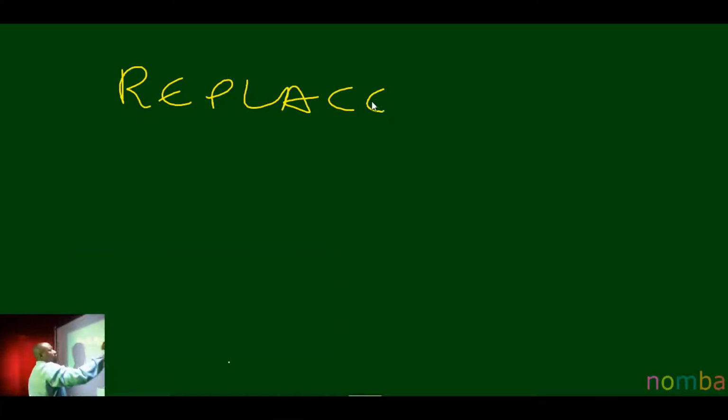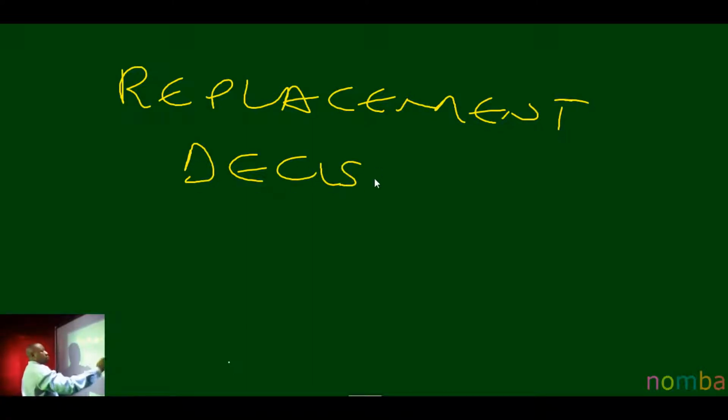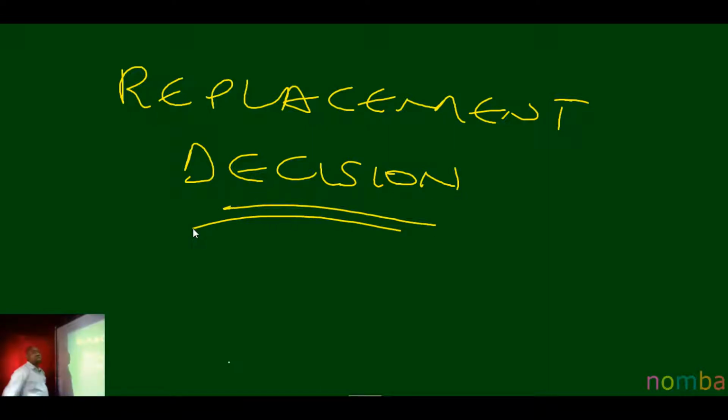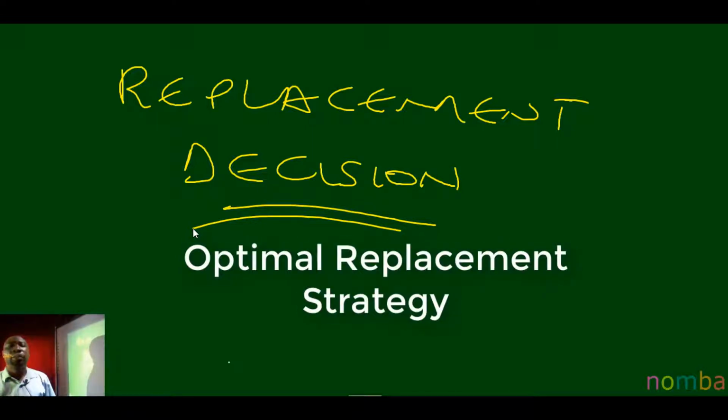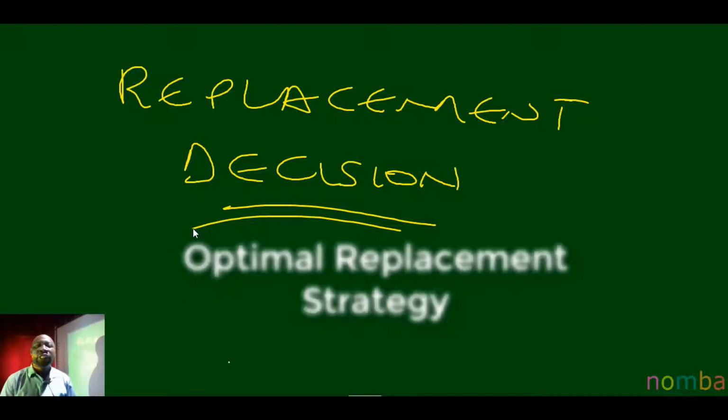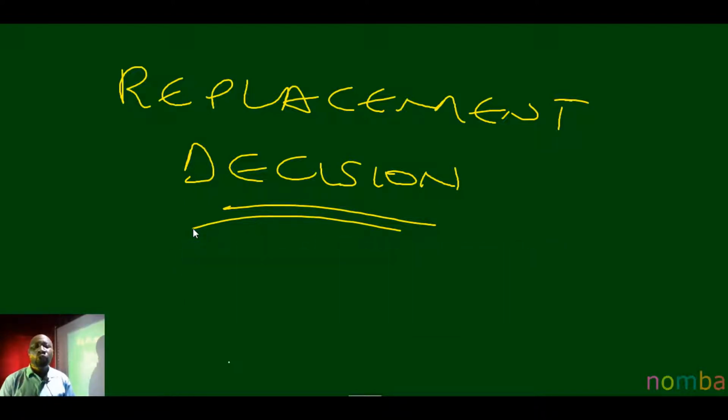In this case, we'll be considering replacement decision. Replacement decision focuses on the determination of optimal replacement strategy in respect of an asset used by a firm for productive purposes.